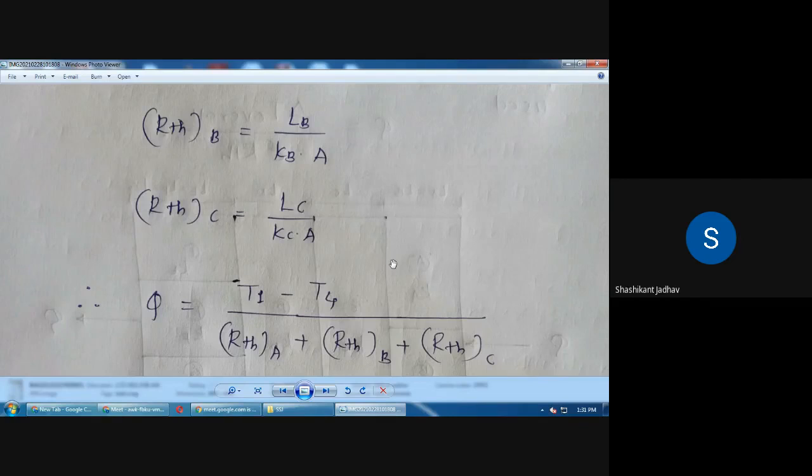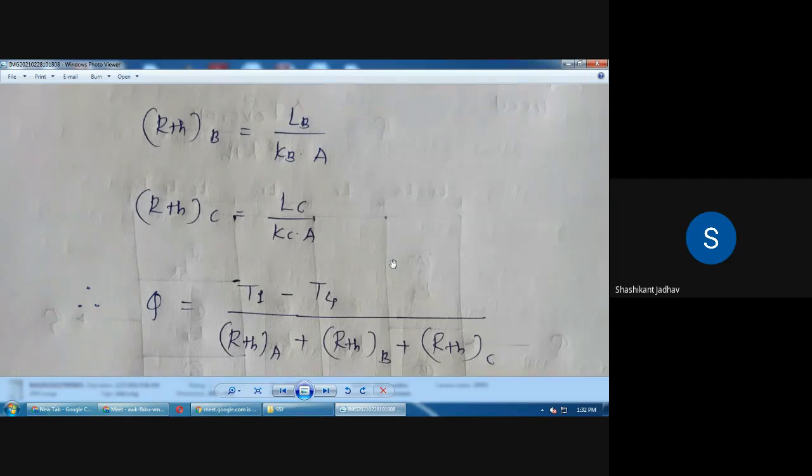If there are n number of layers, then what is the temperature change in the numerator? What is that equation? Anyone? Vidate? Yes. Hello, sir. Hello. Sir, T1 minus Tn plus 1.